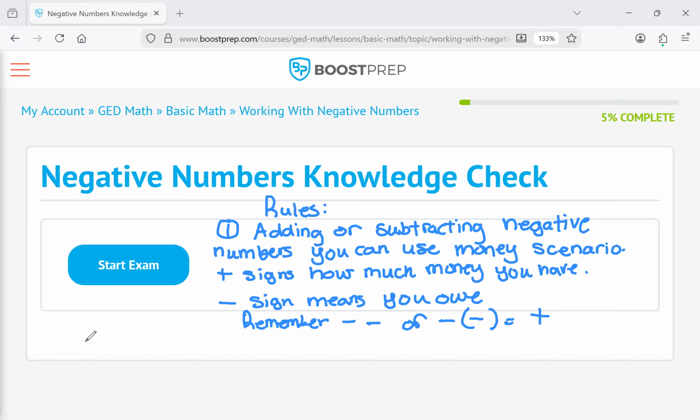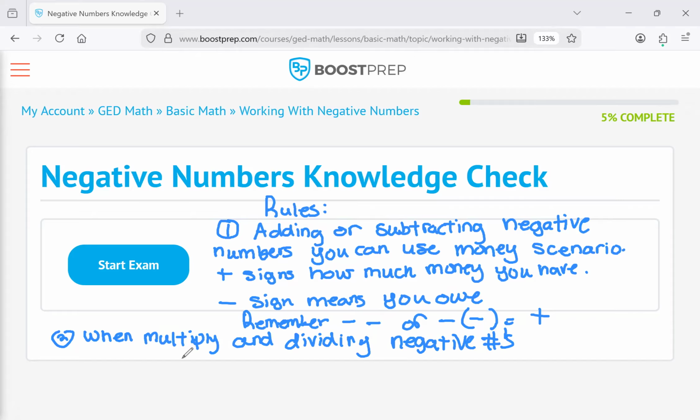Okay. And then the rule is slightly different when you're multiplying and dividing negatives. So let me go over the rules. When you're multiplying two negatives, it becomes a positive.